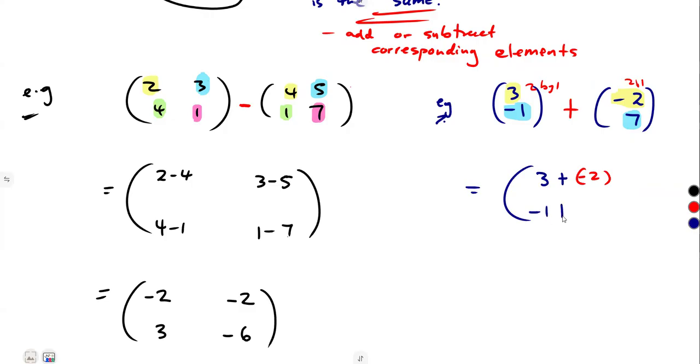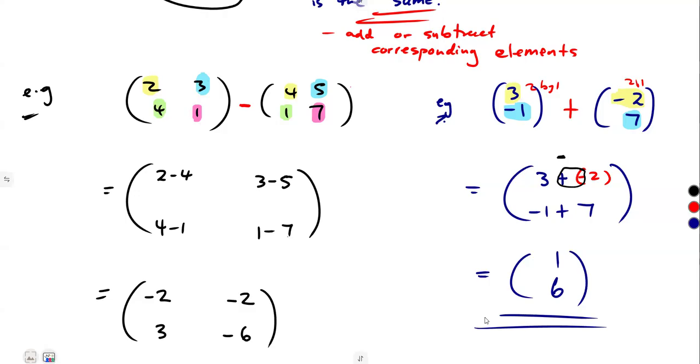Plus and minus, we are going to obtain a negative. So that's 3 minus 2, which is 1. So this was going to give us a 1. Minus 1 plus 7: the bigger number minus the smaller number, 7 minus 1, that's a 6, and you take the sign of the bigger number. So this is going to be positive. So this is what you're going to have at the end.